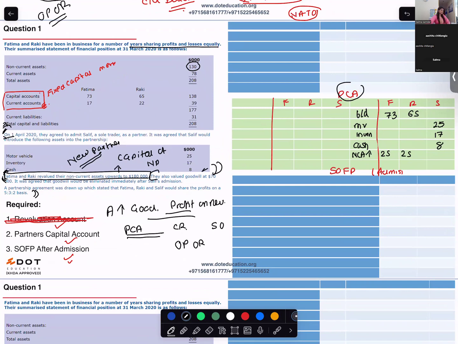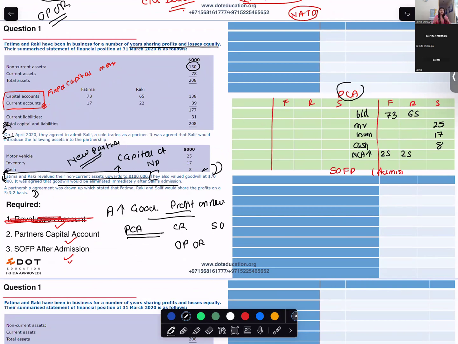Come on, read the next part. They also valued goodwill at $70,000. It was agreed that goodwill will be eliminated immediately after Saif's admission. It means that goodwill is valued at 70,000 and will be written off as soon as Saif joins the business.